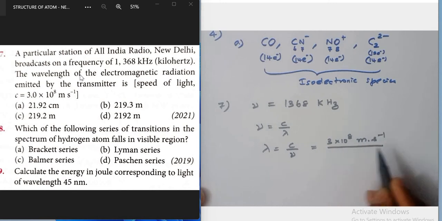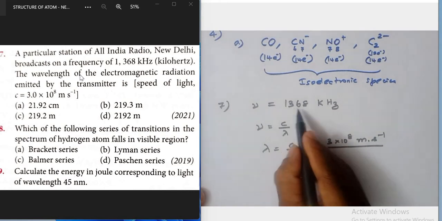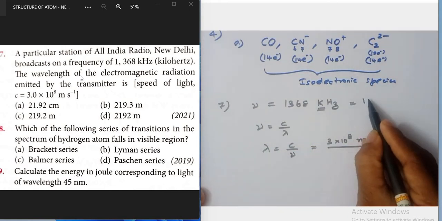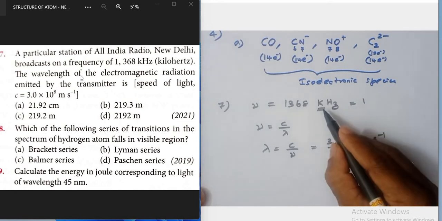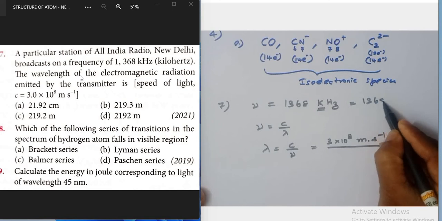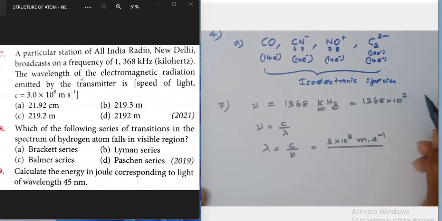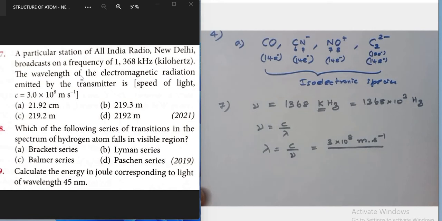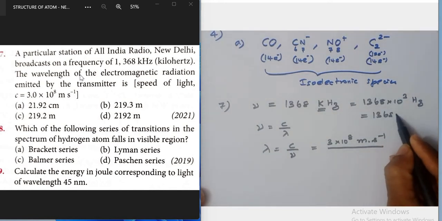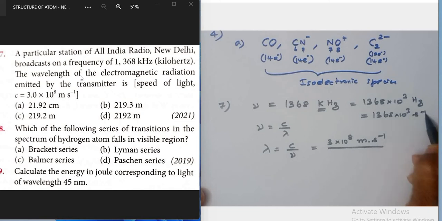Frequency is given in kilohertz. Kilo means 1000, so to convert kilohertz into hertz, you multiply by 1000. So 1368 into 10 power 3 hertz. Hertz is nothing but per second.